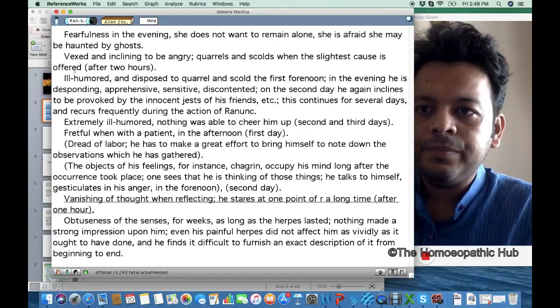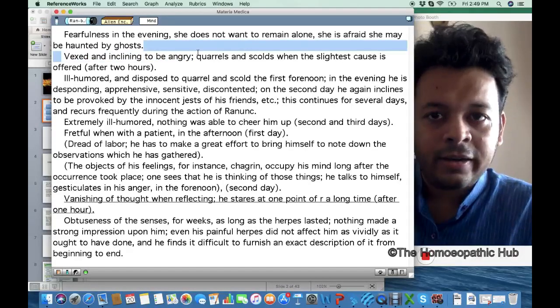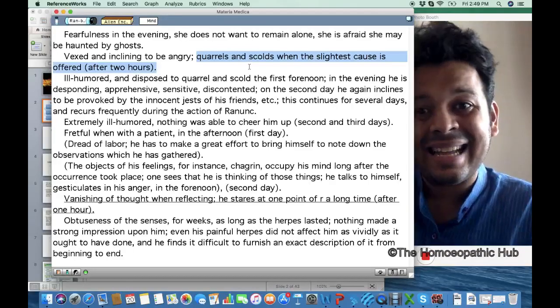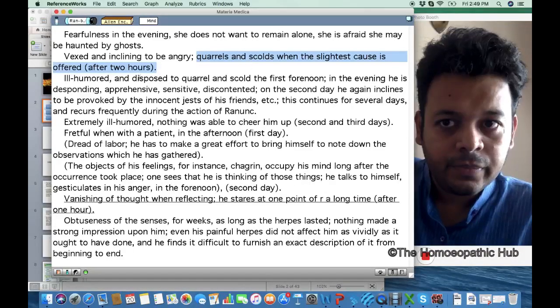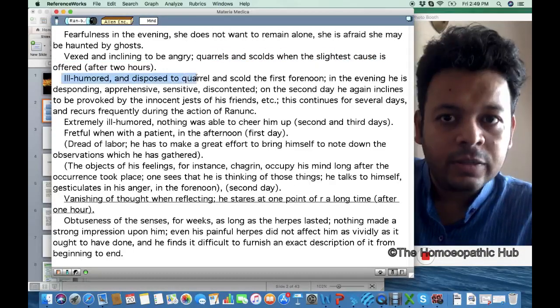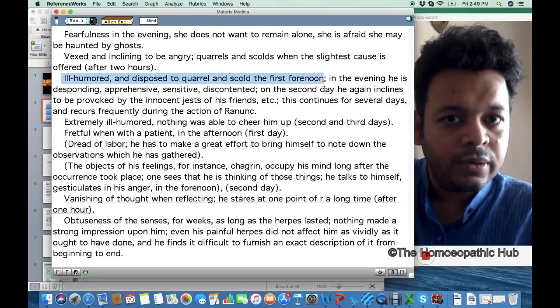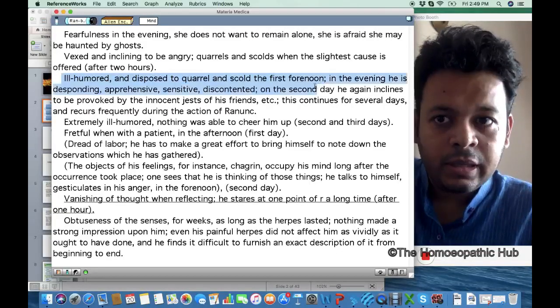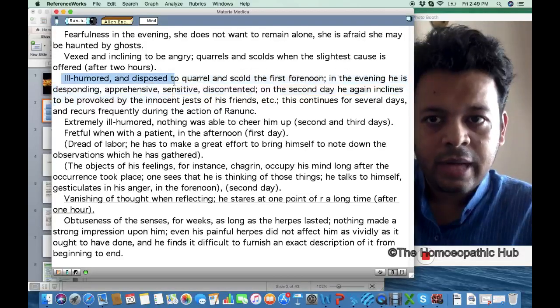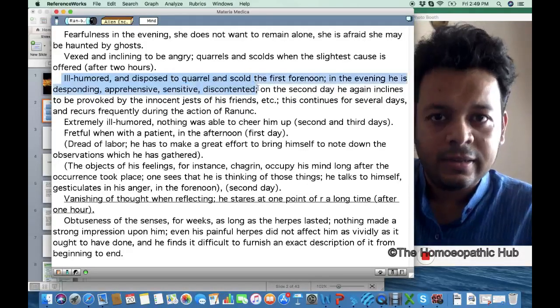It's written: vexed and inclined to be angry. Scolds when a slight cause is offered. Ill-humored and disposed to quarrel, scold, the first forenoon. In the evening he is despondent, apprehensive, sensitive, and discontented.